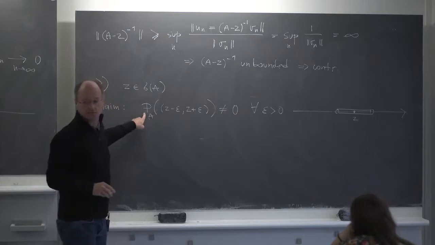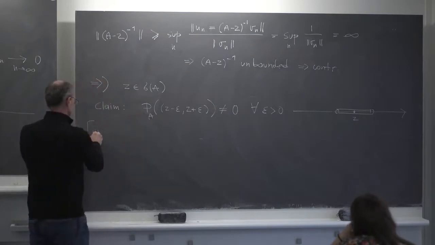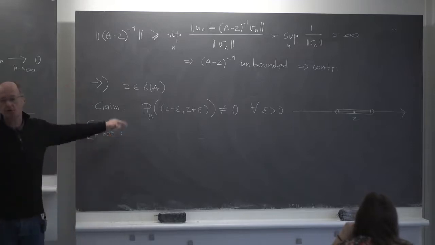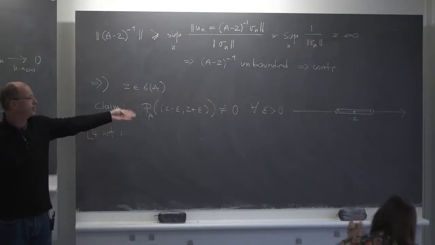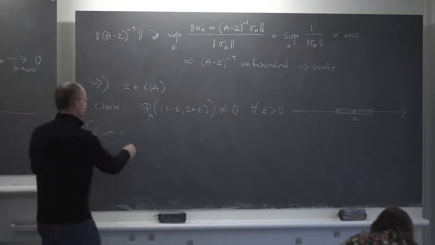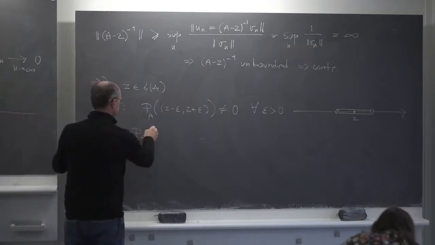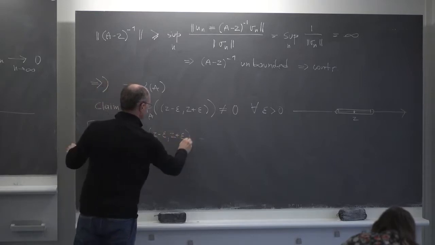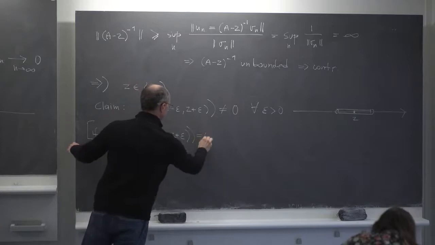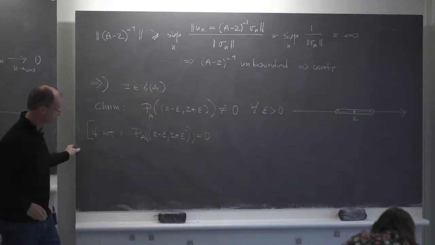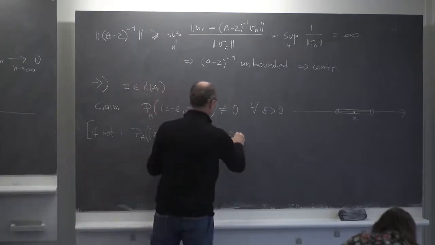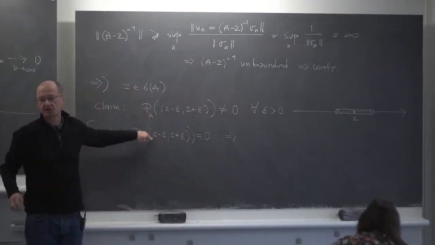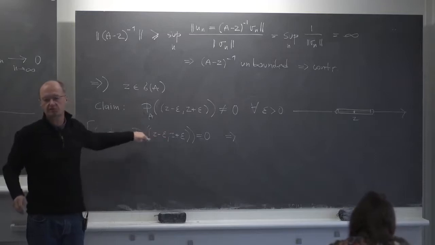So why is it true? That's because of the following. Assume this is not the case, right? There is some epsilon for which it's 0. But then, in fact, it will turn out that z is not in the spectrum. It is in the resolvent set.